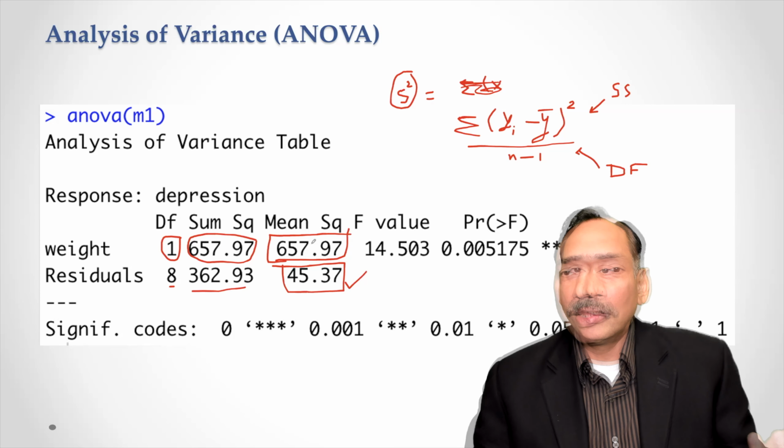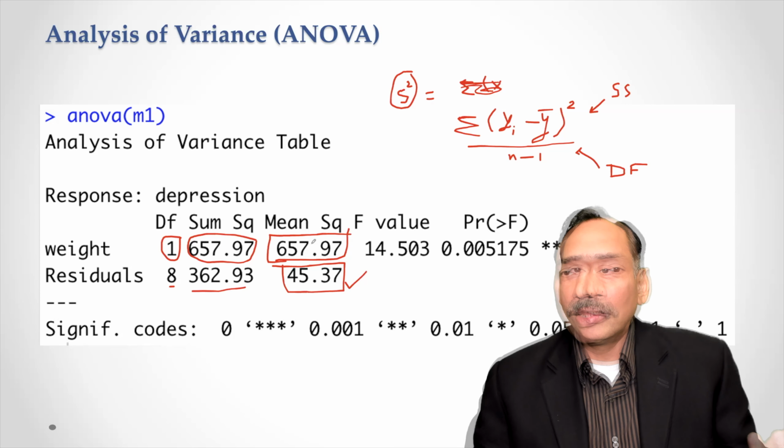Total sum of squares is yi minus y bar whole square, and sum of squares due to regression is y hat, our regression line, minus average whole square, and error is each and every response value minus the predicted value whole square. That's what gives you error. This is the explained part of the model, and this is the unexplained part. So these are side by side.